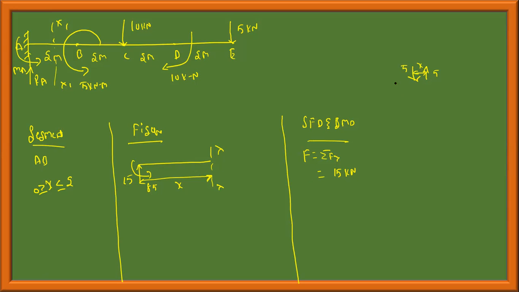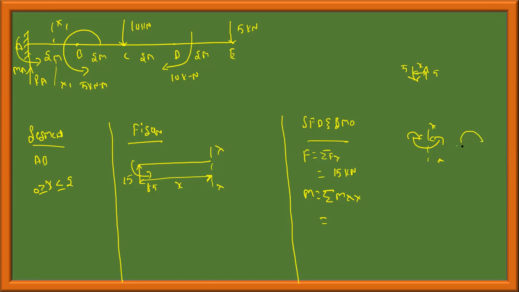Then M is equal to summation of moment about XX. If this is my beam, if the moment is like this, it is positive.